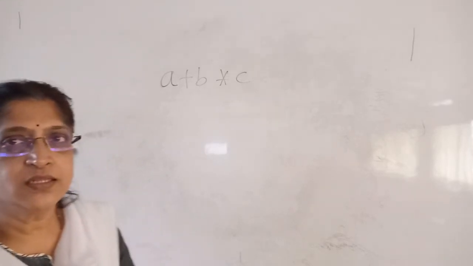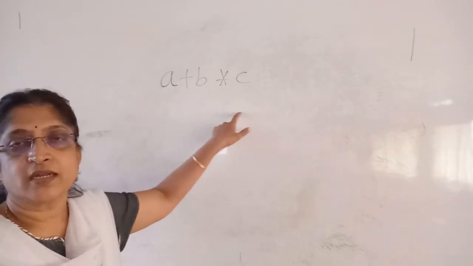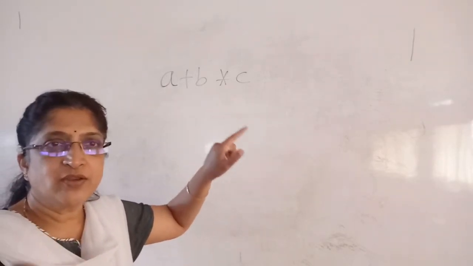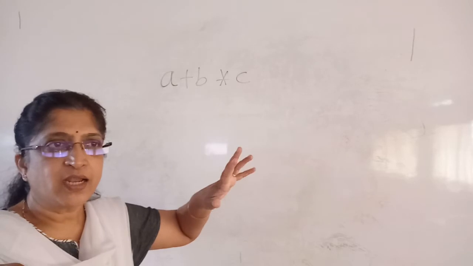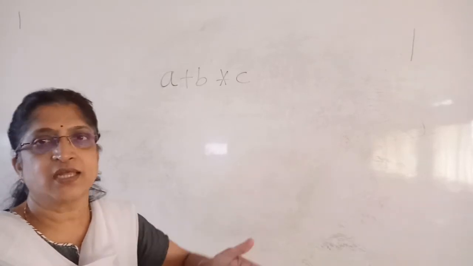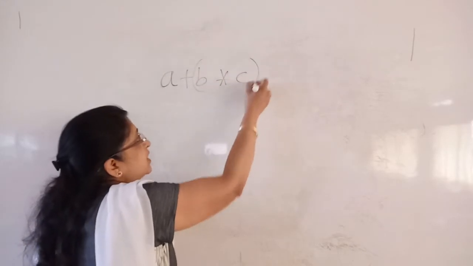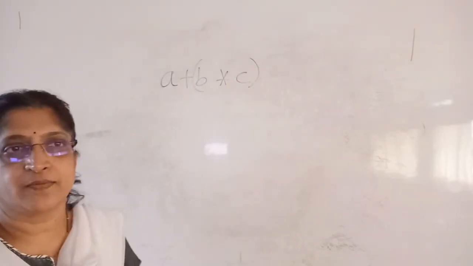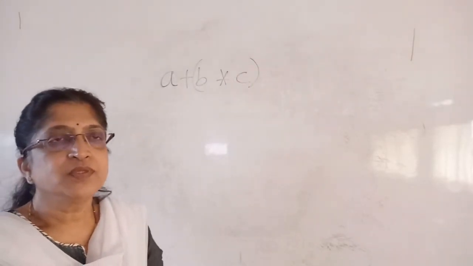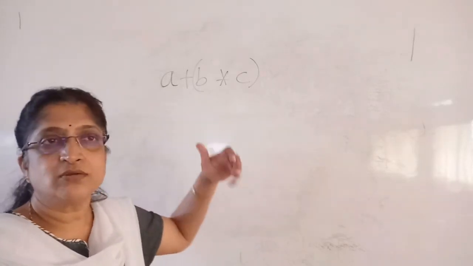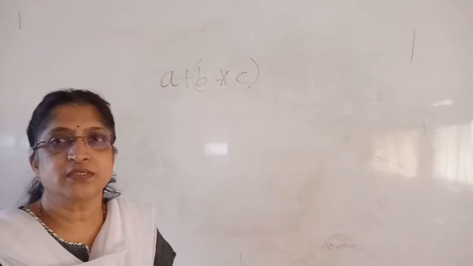Now here in this expression I have plus and star. So among this, what gets evaluated first? So we know that multiplication has higher precedence than addition. So parenthesize the expression b star c. Now there is only one operator outside this. Now start converting this to the postfix form.